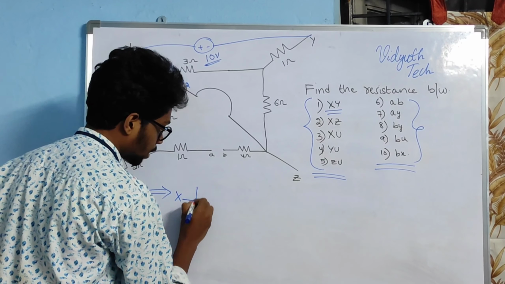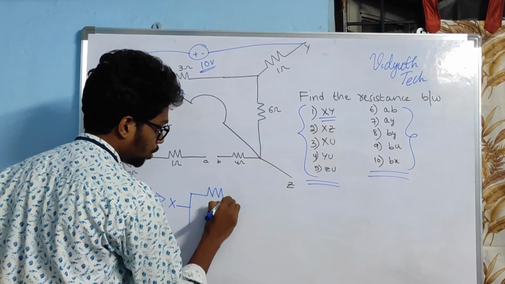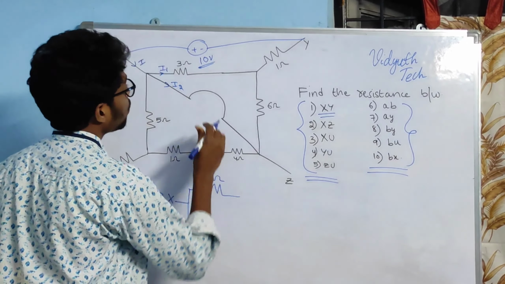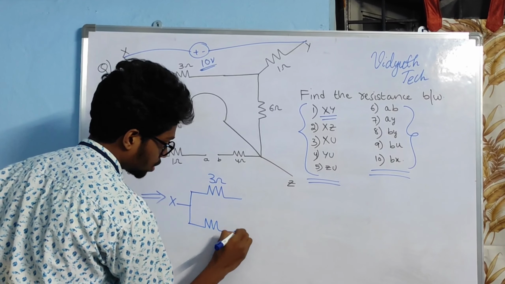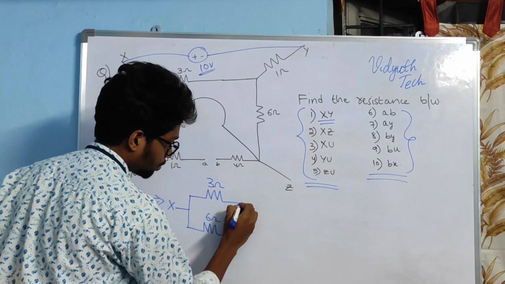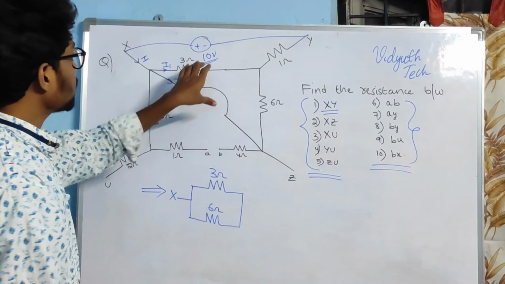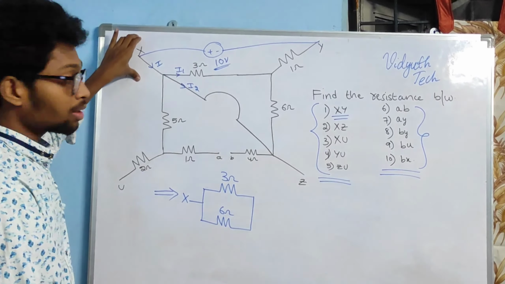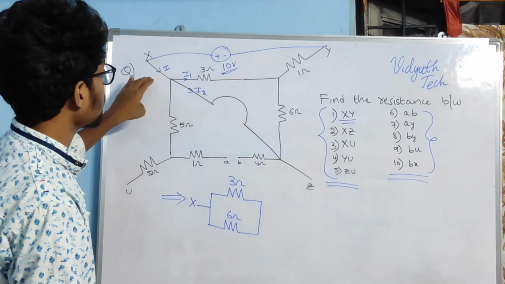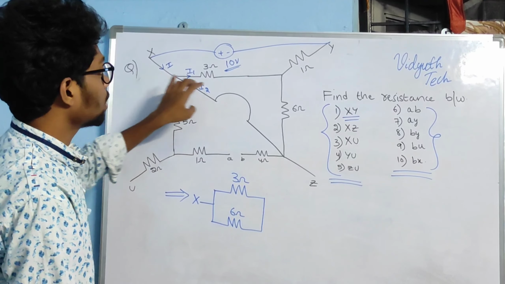I am drawing the circuit diagram, friends. This is the 3 ohm resistance, and this is the 6 ohm resistance. The first terminal of the 3 ohm resistance is connected to X, and the first terminal of the 6 ohm resistance is connected to X only.